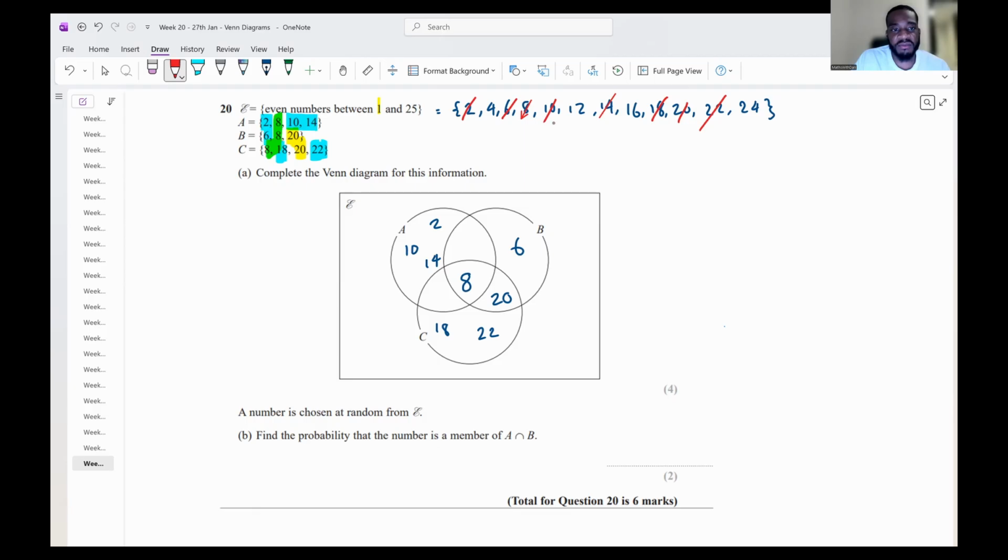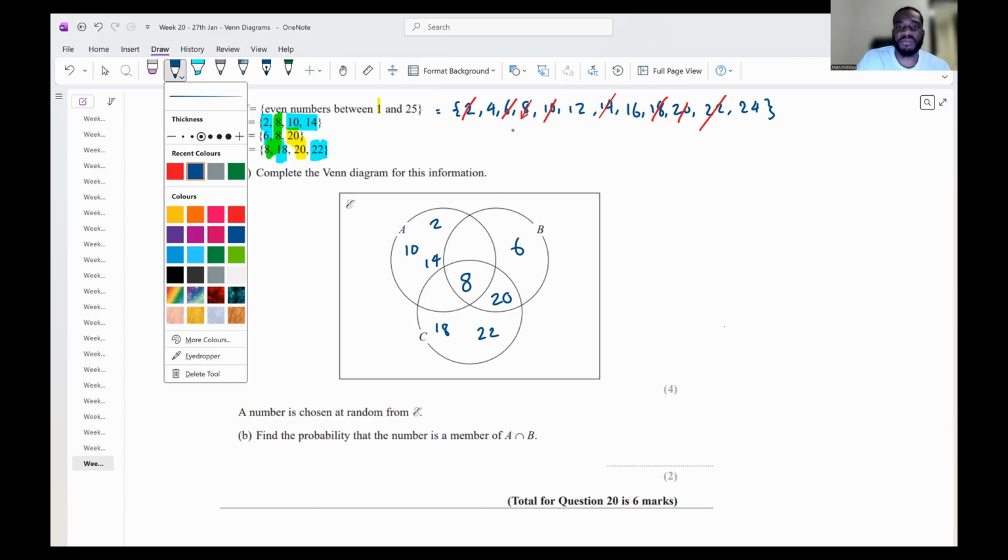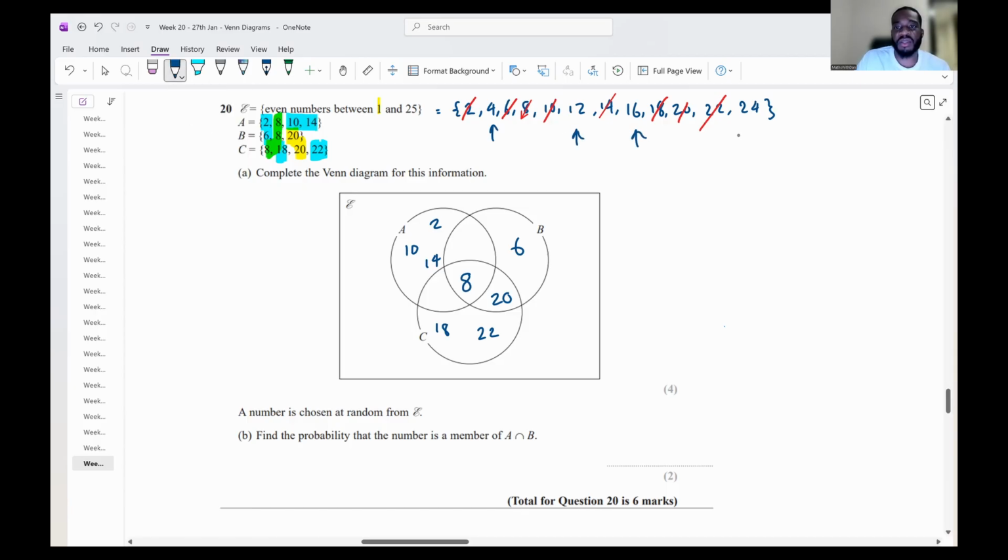Perfect. So numbers that we haven't used are going to be these here. So that one, that one, that one, and that one. So it's going to be four numbers on the outside: 4, 12, 16, and 24. Perfect. That is the complete Venn diagram.